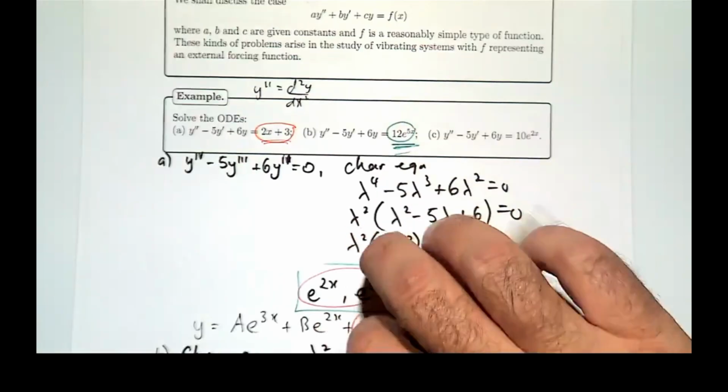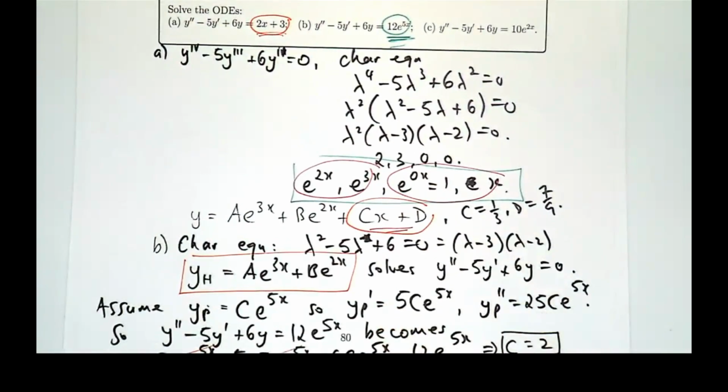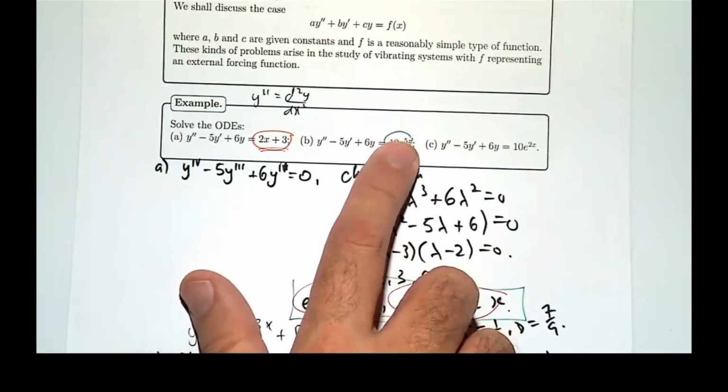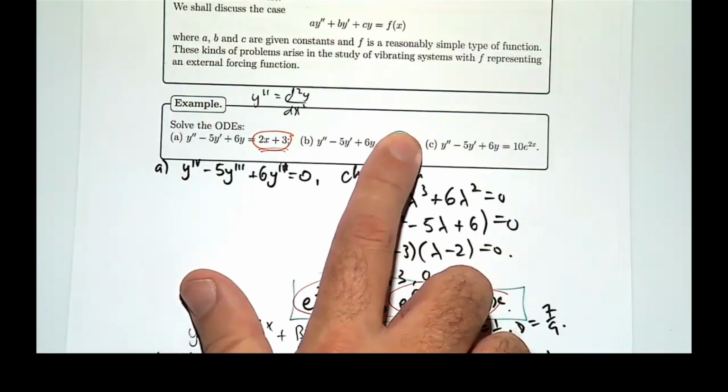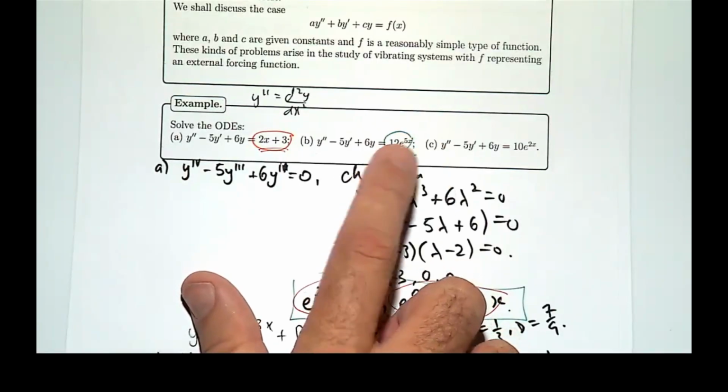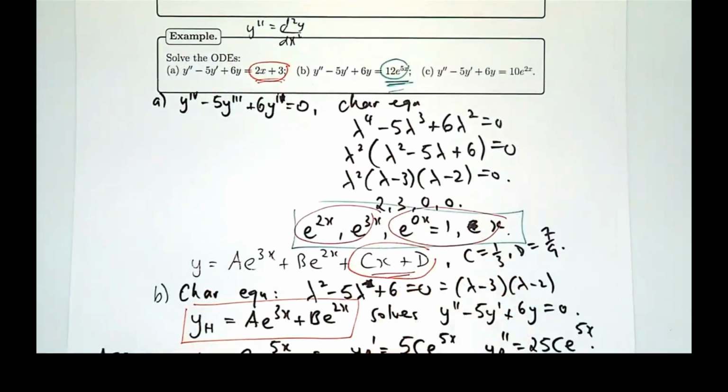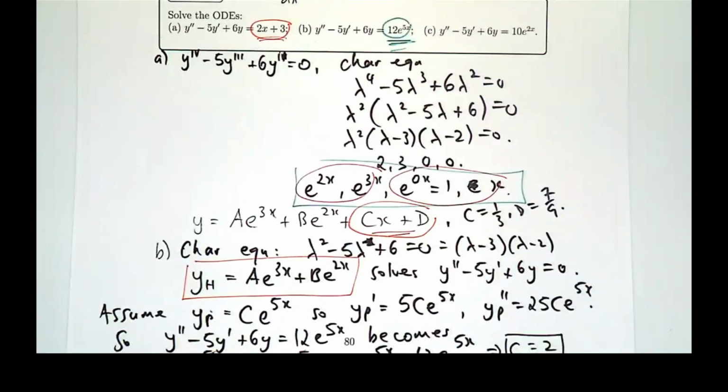Okay, it's getting a little bit complicated now, so I probably wouldn't suggest it for a problem like this. So yesterday I said, okay, well, let's imagine that's 0, solve the homogeneous problem, and then we'll fit a particular solution to the problem, right?